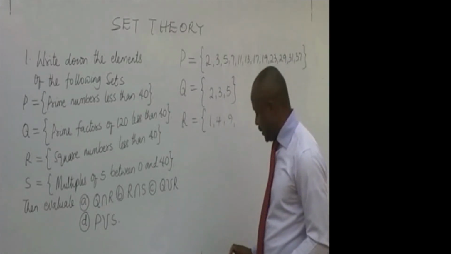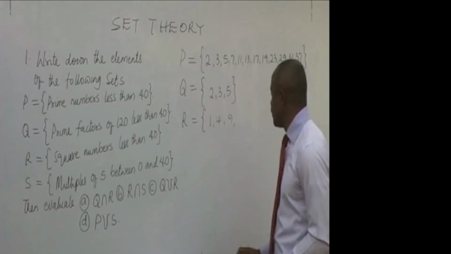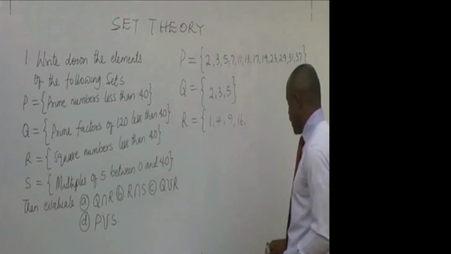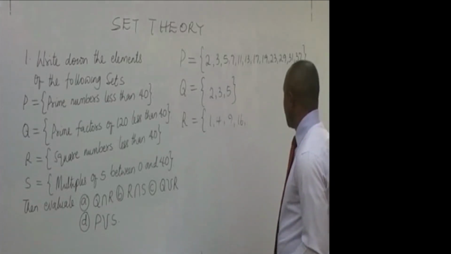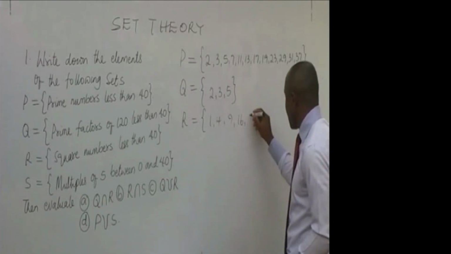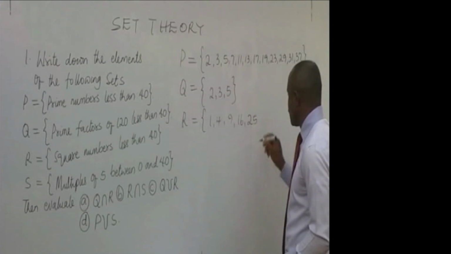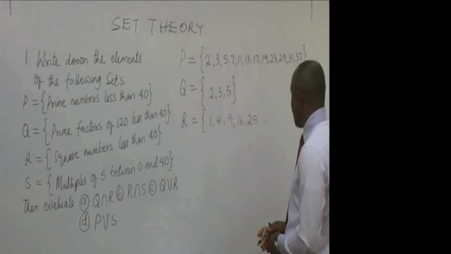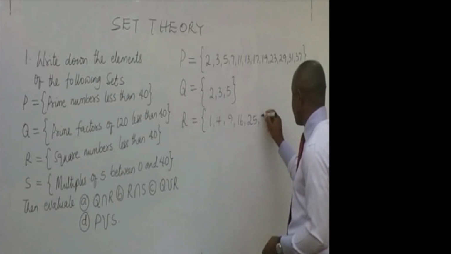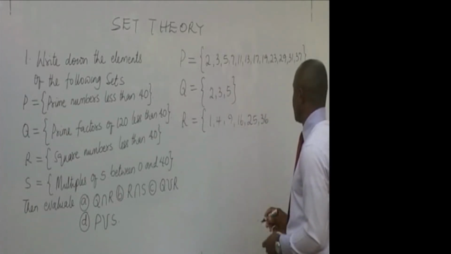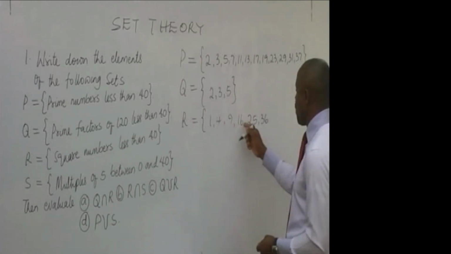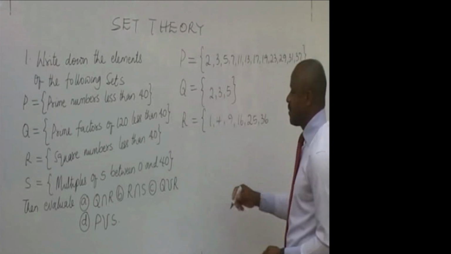After 9, we have 16. 16 is a square number. After 16, we have 25. 25 is a square number. After 25, we have 36. 36 also is a square number. So these are the square numbers that are less than 40.